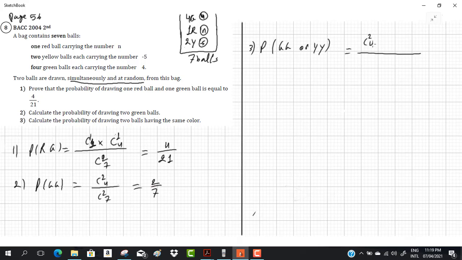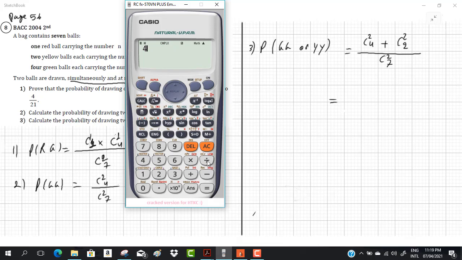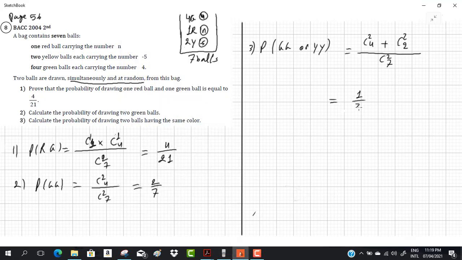Green C2 out of 4 or yellow C2 out of 2 over C2 out of the total 7 equal, using the calculator, 4C2 plus 2C2 over 7C2. طلع الجواب 1 على 3. هيك بيكون خلص السؤال. البارت المهمة بهذا السؤال كانت random variable، بس للأسف السنة ملغى.